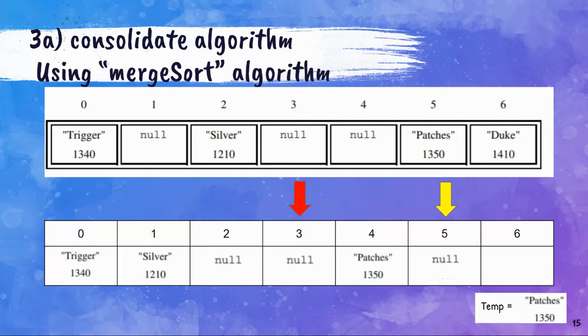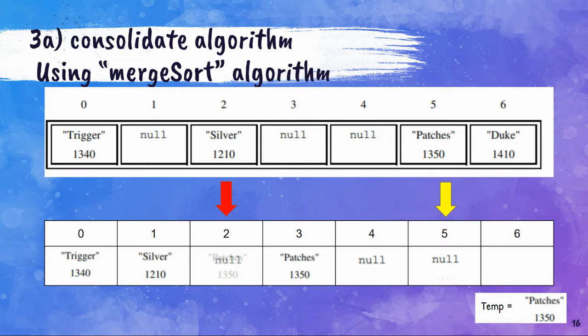So the red arrow is going to move to the left. The yellow arrow is going to move to the right. So I decrease that temp index. That's also looking at a null. Okay, so I'm going to put patches in that one. I'm going to put null in where patches was, and I'm moving patches back. Same situation here. I go back 1 more. There's a null at position 2.